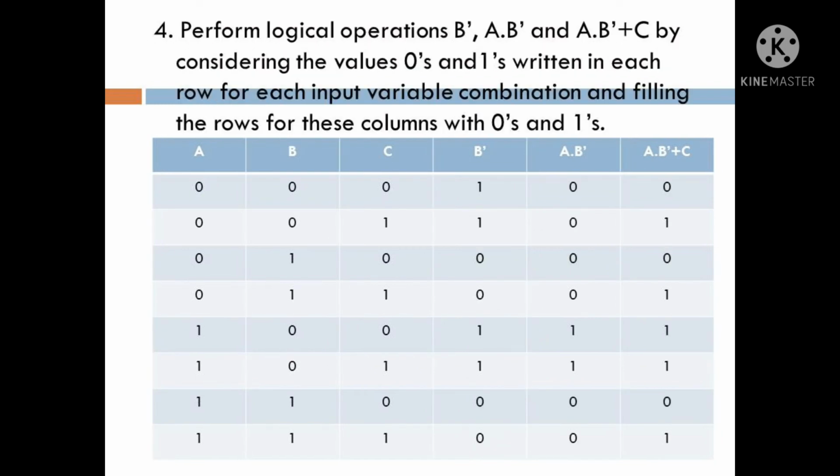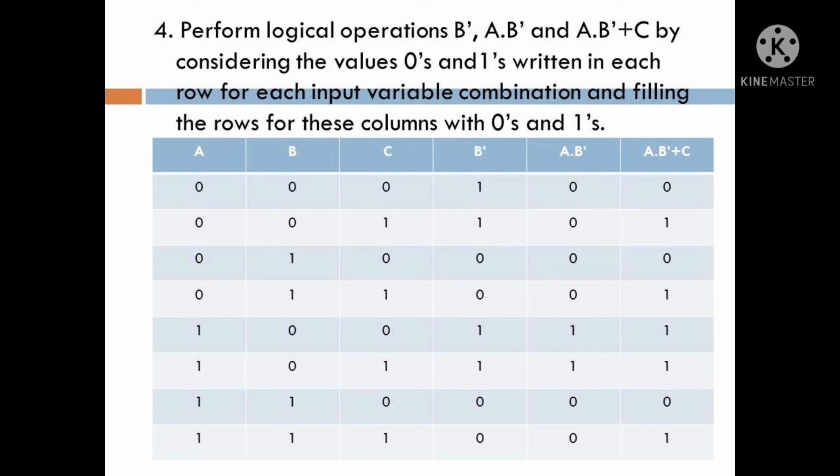Then perform the logical operations b complement, a and b complement, and a and b complement or c, by considering the zeros and ones written in each row for each input variable combination, and fill the rows of these columns with zeros and ones. Here we want to consider the tables which we studied for the AND operator, OR operator and NOT operator.